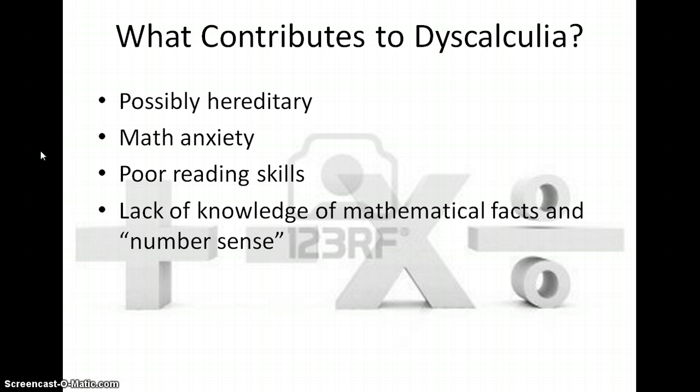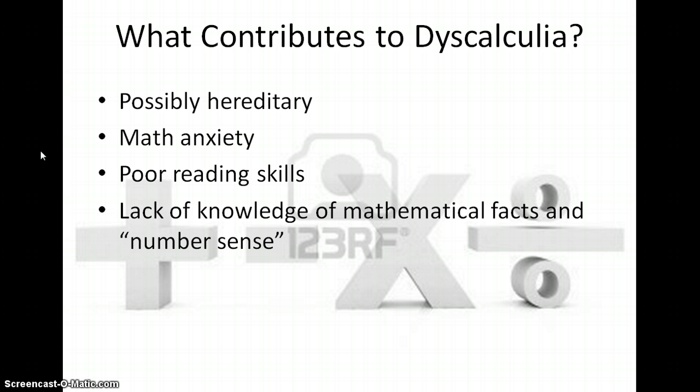There's the math anxiety, which is a learned trait. Students have just had failure after failure, and this problem wasn't solved in a helpful way by whoever was in charge of that learning, and they just have no confidence anymore in their math skills.